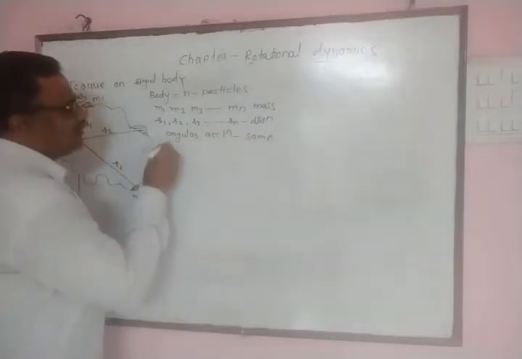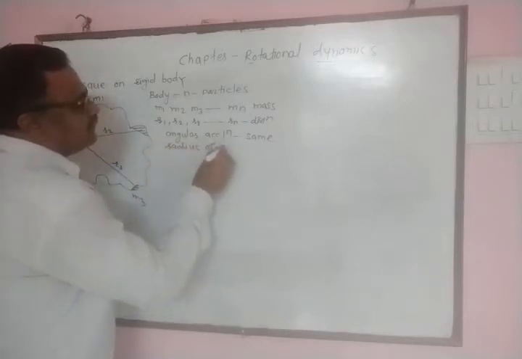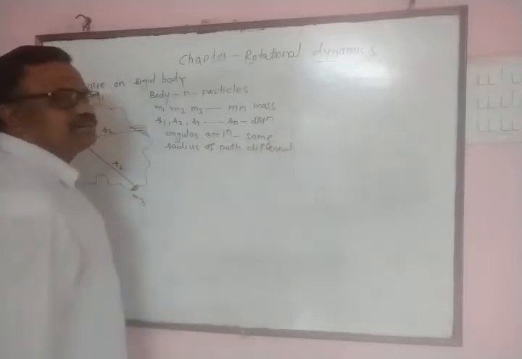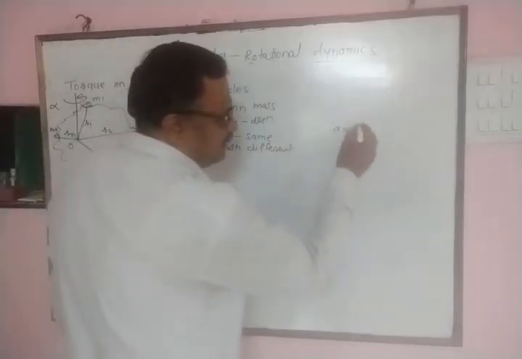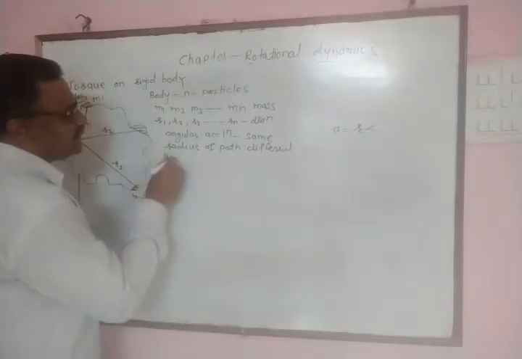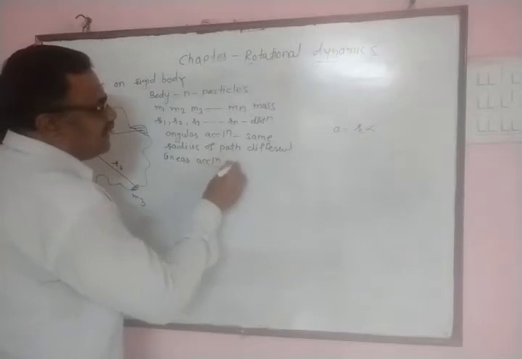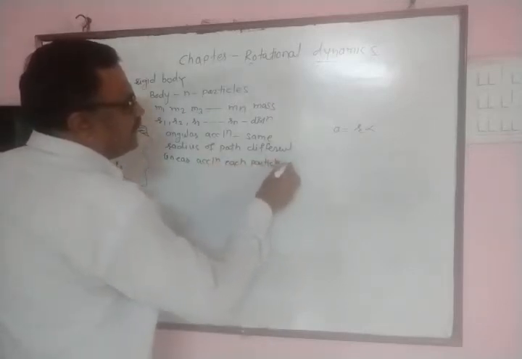We know radius of circular path for each particle is different, and therefore by relation a equals r into alpha, linear acceleration of each particle is different.